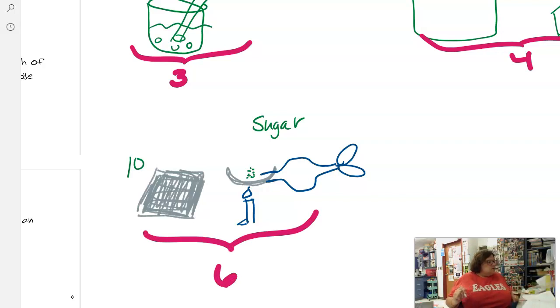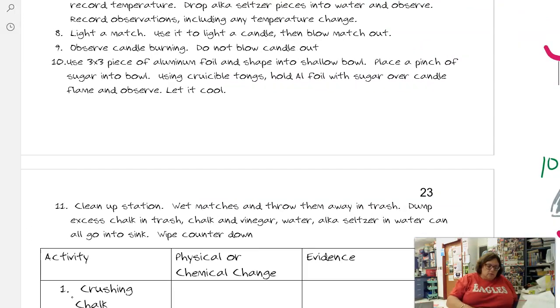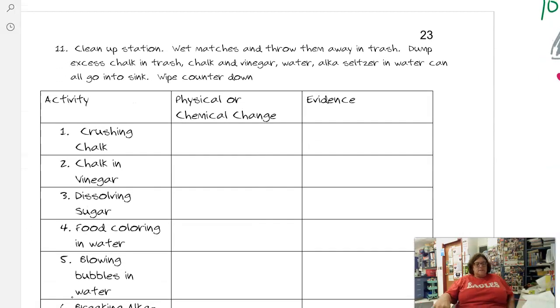Clean up all your stations. Okay, so clean up as you go, really. If you light a match and it's out, make sure it's out, and then you can put it in the trash. But clean up, and then you're going to answer the questions. So you're going to look at each substance thing that happened, and you're going to think, did I make a new substance or not?